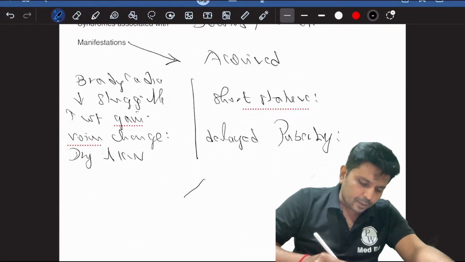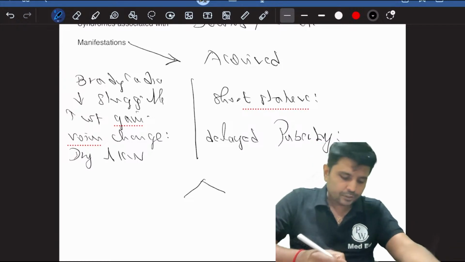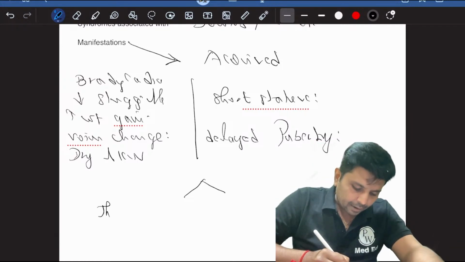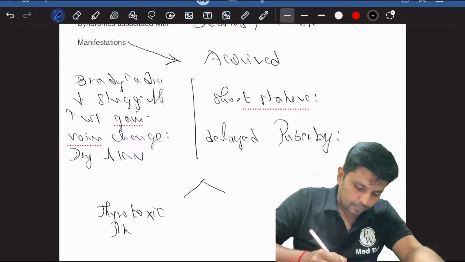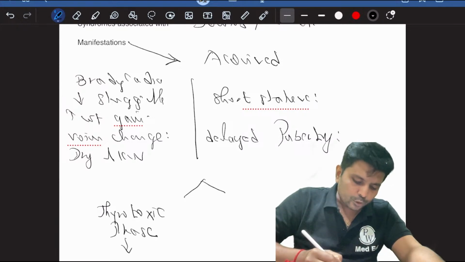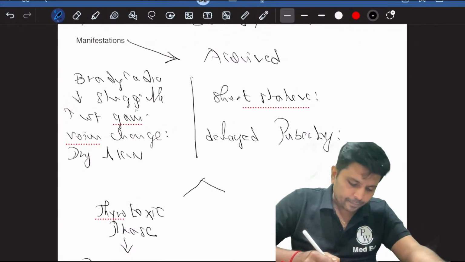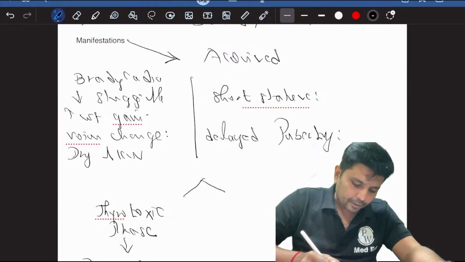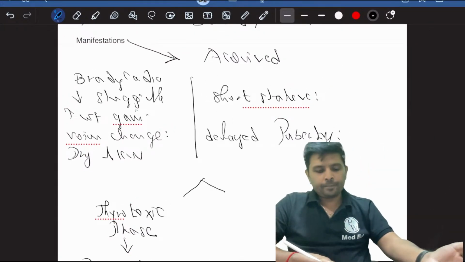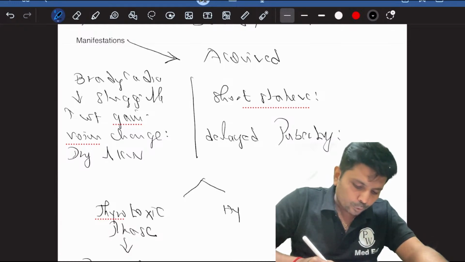Remember, in Hashimoto's thyroiditis, there are two phases. It can have a thyrotoxic phase, but usually treatment is not required, and ultimately they will go for hypothyroidism.